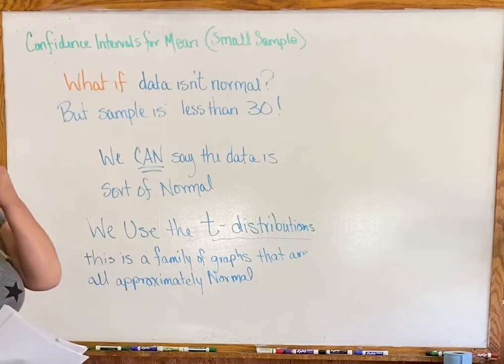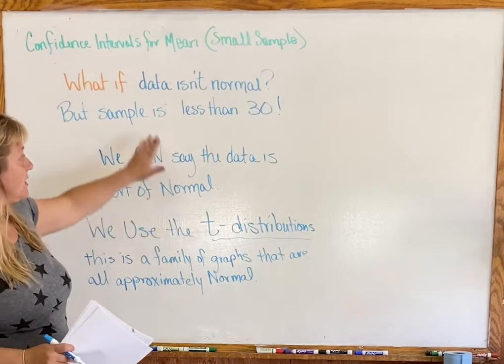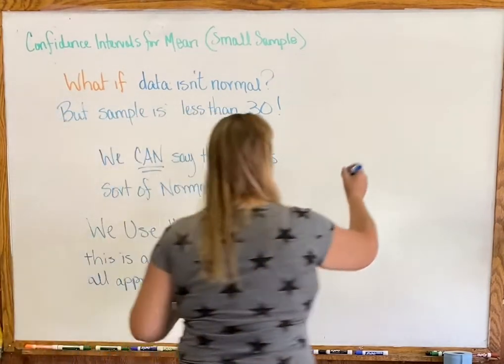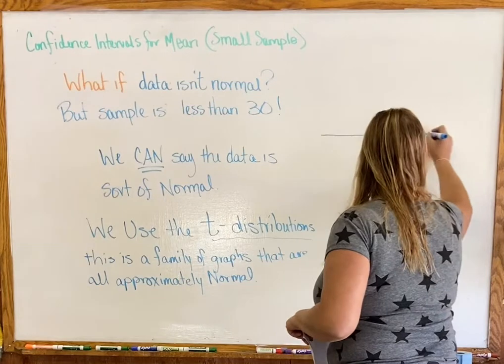So just as an example, remember, this means that we're looking at sample sizes that are less than 30, but we can still get these kind of approximately normal graphs.